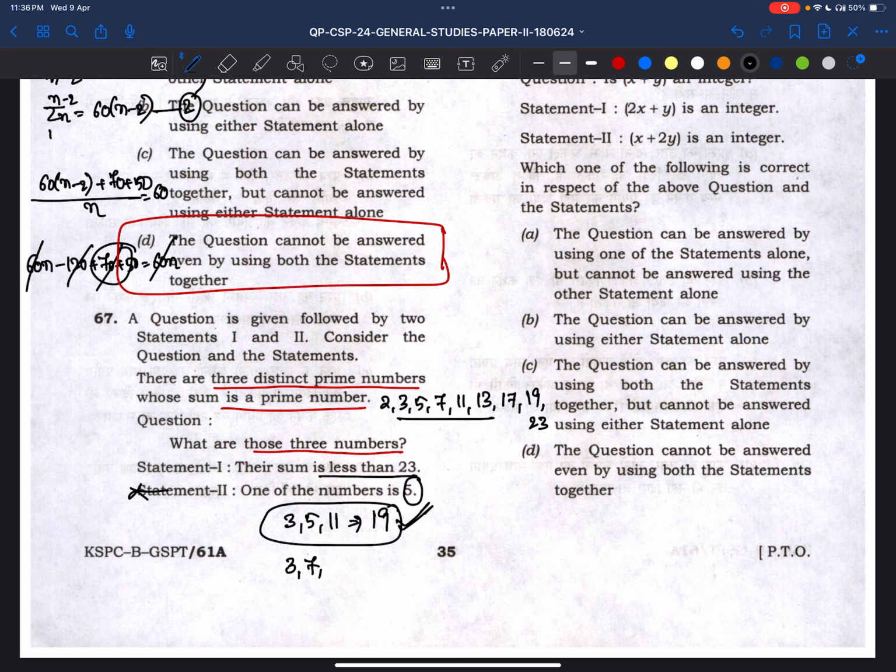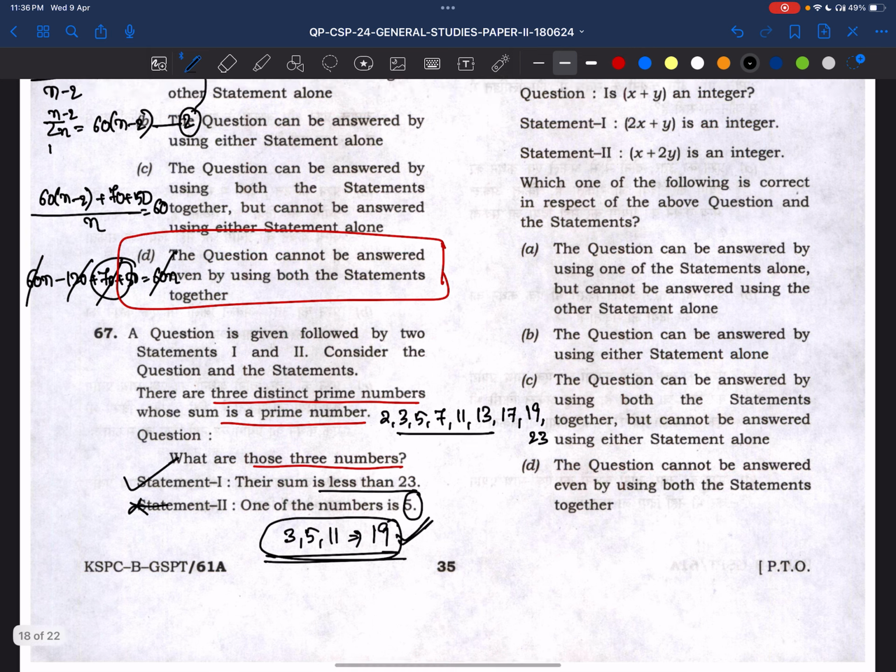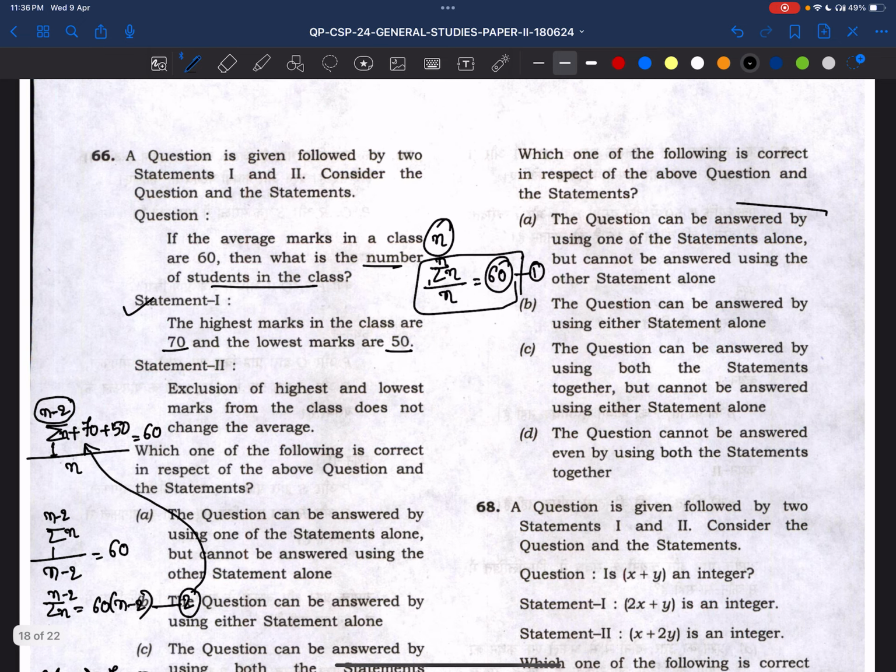If we take 13, we'll get 23, but it should be less than 23. So we're getting only one value where the sum is less than 23. So you can get the answer by using statement 1 only. The answer is A: the question can be answered by using one statement alone and cannot be answered using the other statement alone.